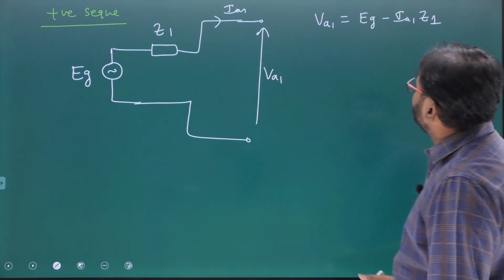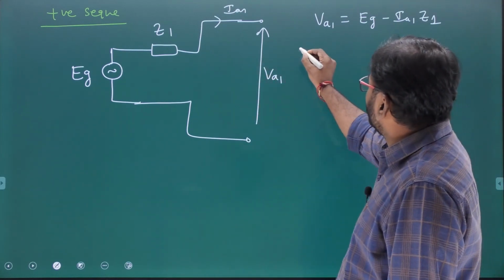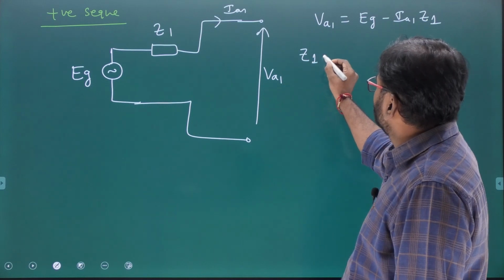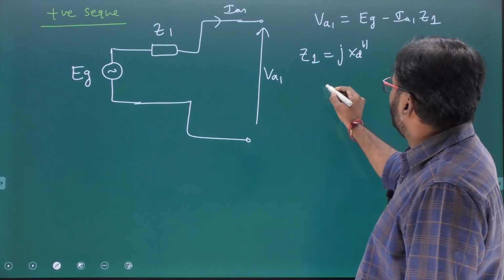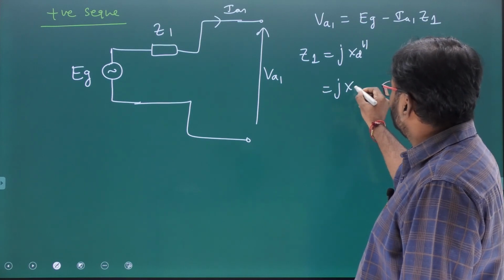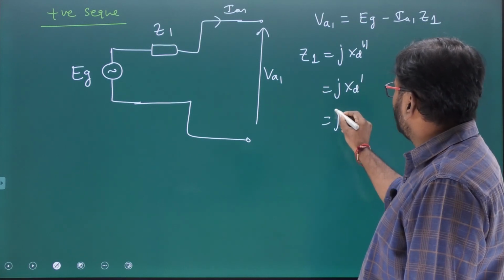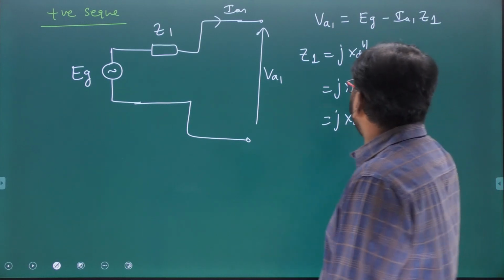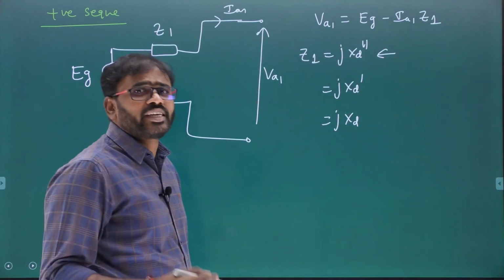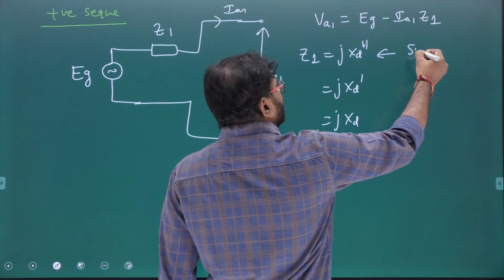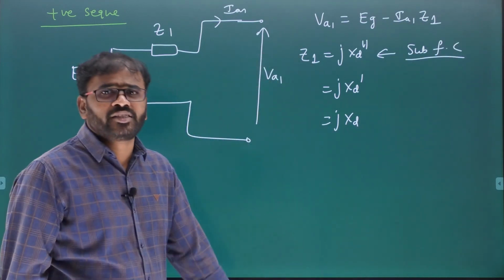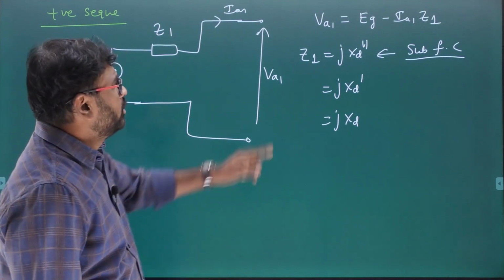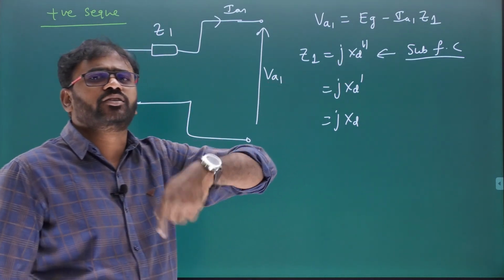Now what is Z1? Careful, Z1 may be the subtransient reactance, JXd double dash, or JXd dash, or JXd. If the question is to calculate the subtransient fault current, then Z1 is substituted as JXd double dash.